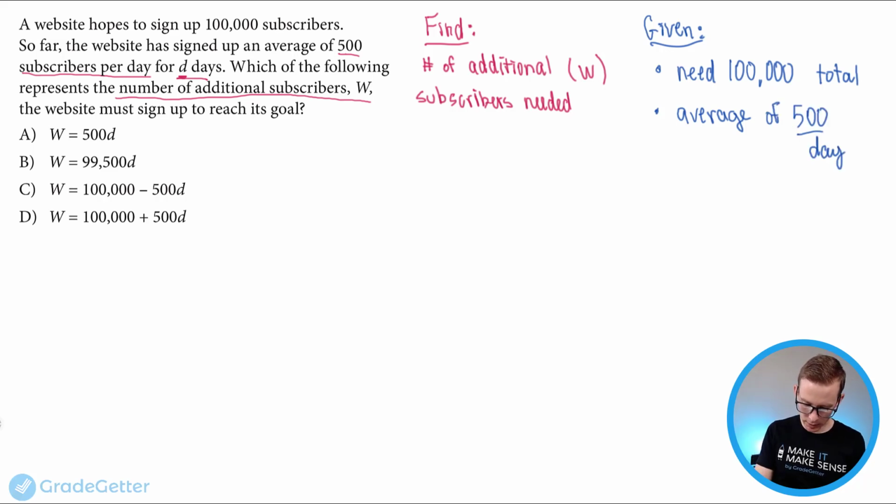So that would mean if it's an average of 500 subscribers per day at D days, you currently have 500 times D is your current amount of subscribers.